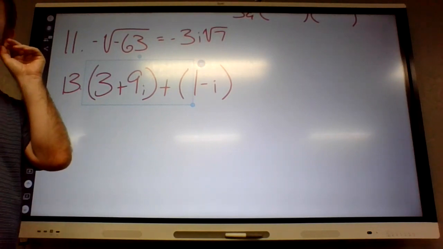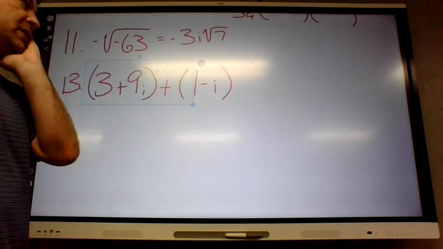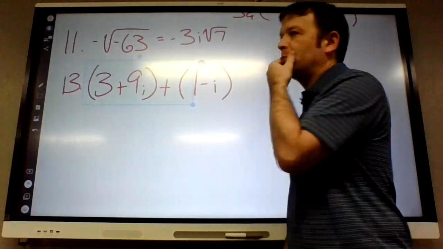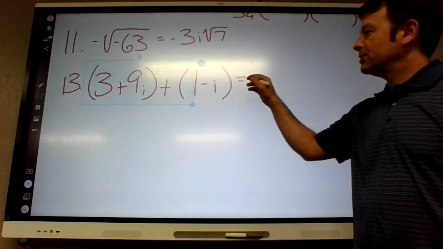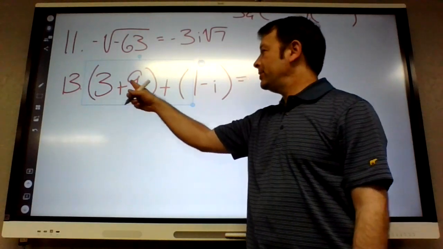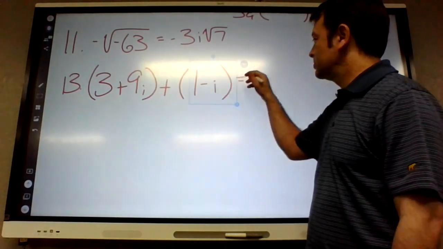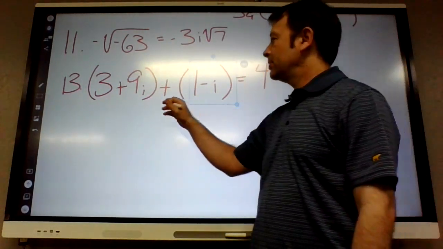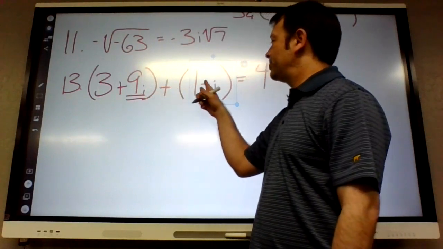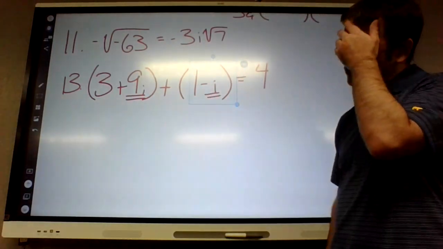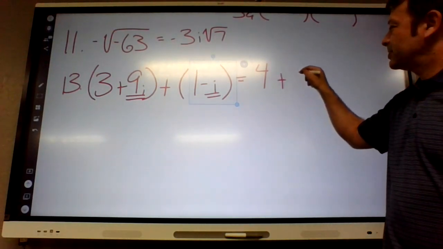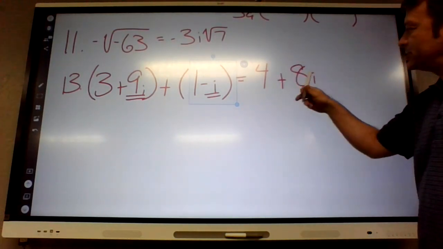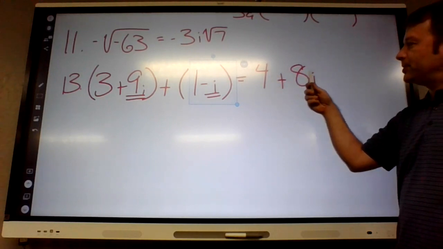So 13, if we're adding, what's the rule with addition? You can only add what? Like terms. So we can do 3 plus 1 is 4, and 9i plus negative 1i, or 9i minus i, is positive 8i. So what's it called when you have a real number plus an imaginary number?